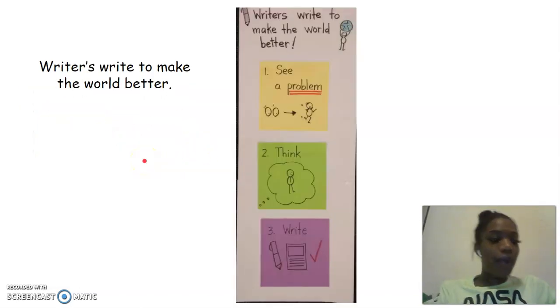Now, before we go deeper into our writing, I want us to focus on something before we come up with our social change whole class topic. Looking here, it says, writers write to make the world better. Now, we already knew that from when we first started this unit.